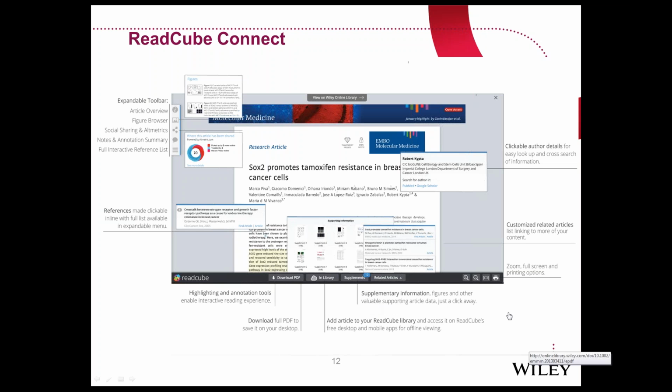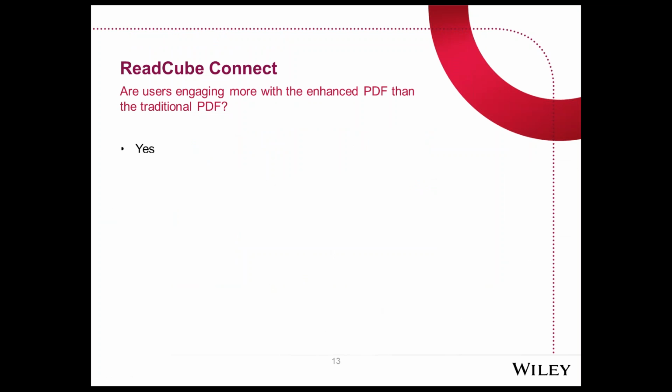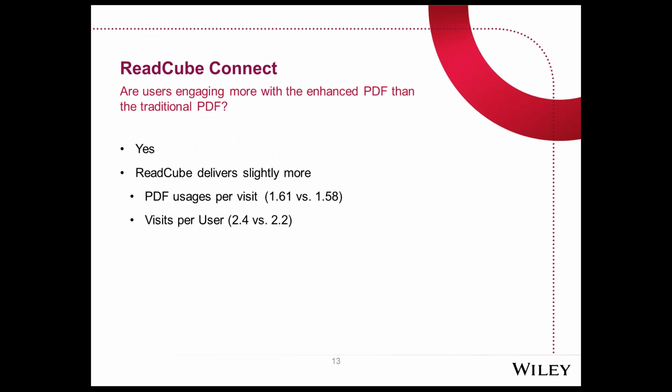So, like I was saying, it really manages to do all of the same things that the HTML capabilities bring, and brings it right onto the PDF. So are users engaging more with the enhanced PDF than the traditional PDF? So far, again, yes.